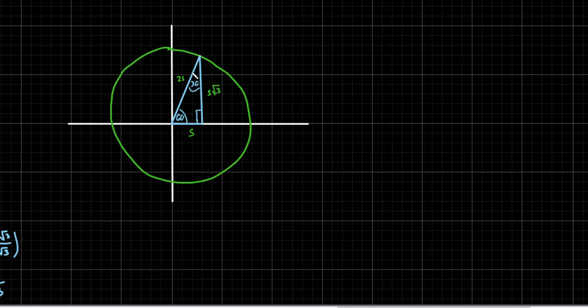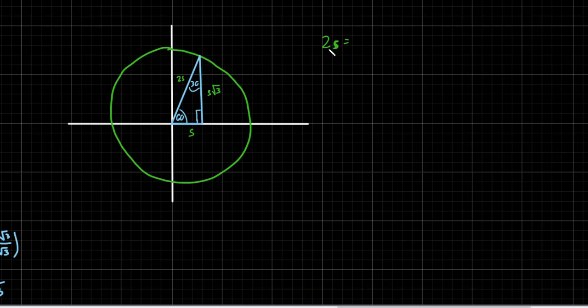So this length is our radius in my unit circle. So what is the radius of the unit circle? So 2S equals what? You already know this length. What is the radius of the unit circle always?